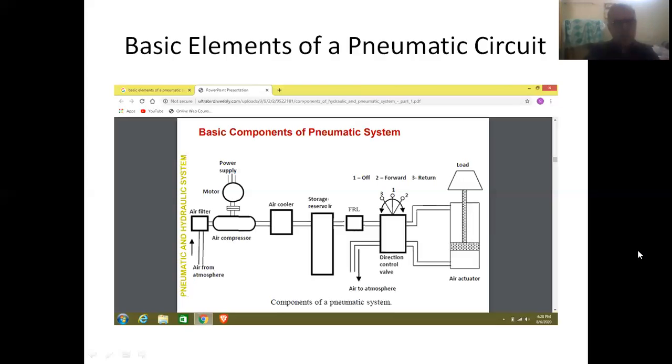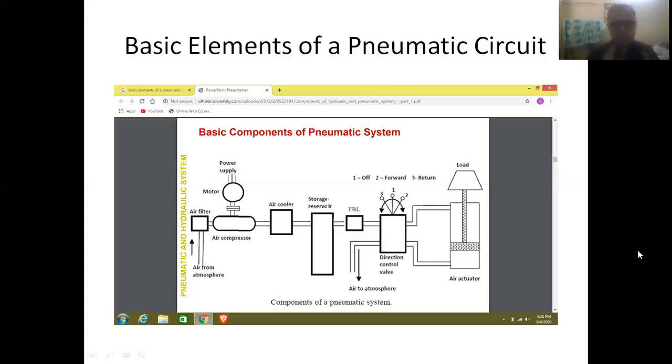Similarly, another filter is placed after the compressor for sending pure air into the cylinder of the circuit. So the first filter is used for filtering the air that is entering the compressor, and the second filter is used for filtering air which is entering the air cylinder.